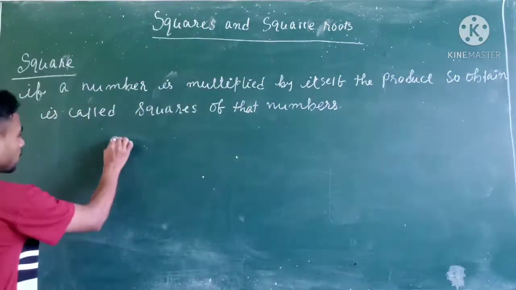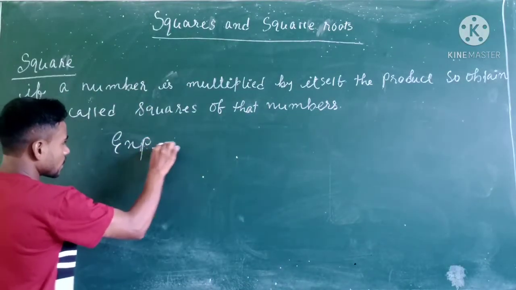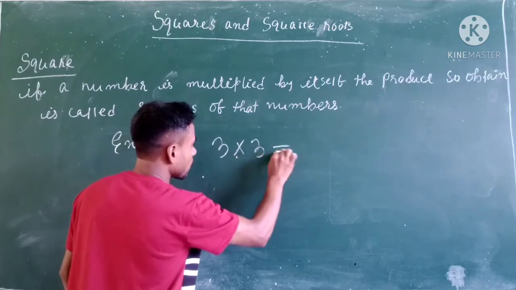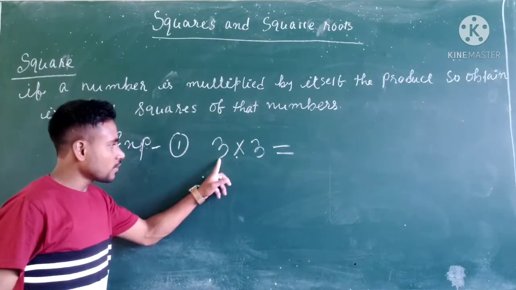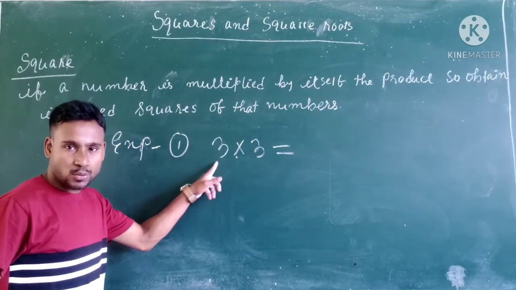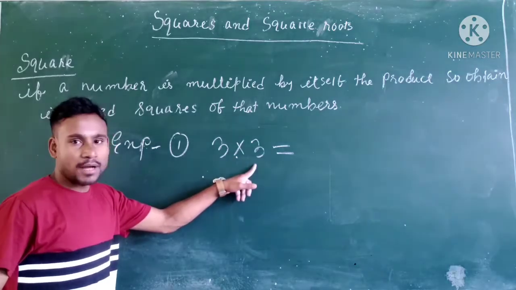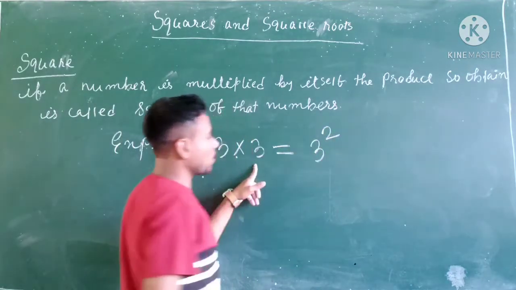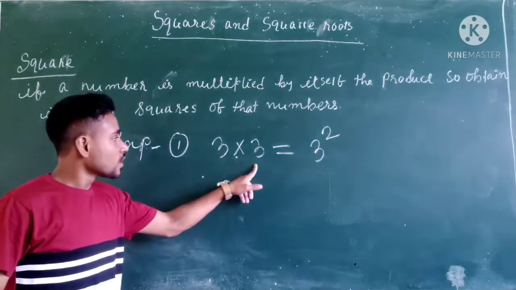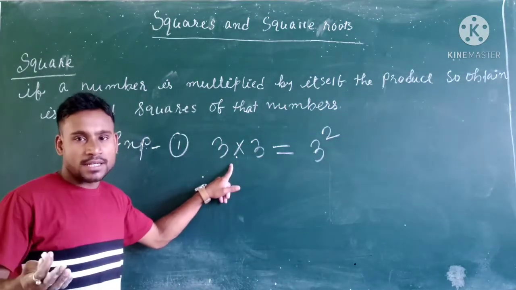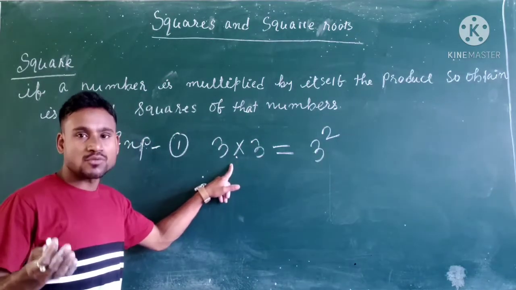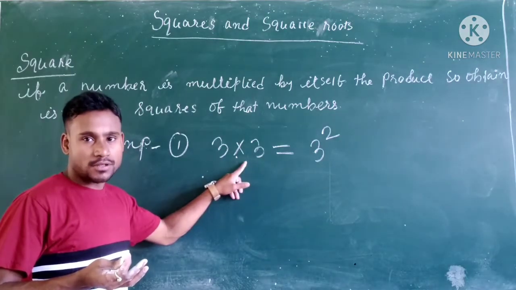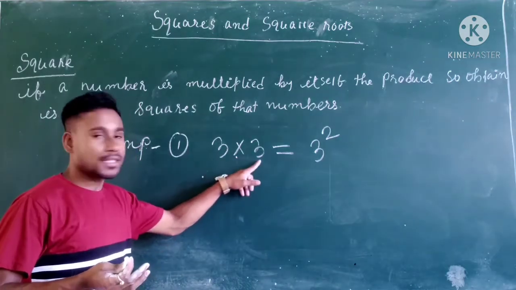Now let's try to understand with examples. The first example is 3 into 3. The number I have taken is 3 and again it is multiplied by 3. Now 3 into 3 I can write as 3 square. In our previous chapter on exponents, we learned how to add the powers when you have the same numbers.